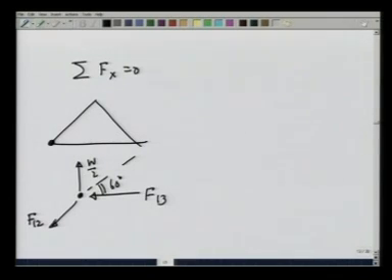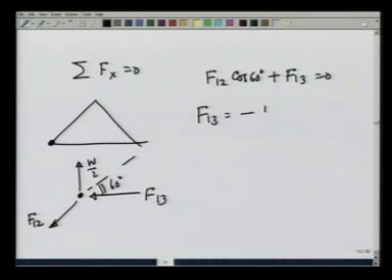I am going to have F 1 2 cosine of 60 degrees plus F 1 3 is equal to 0, or F 1 3 is equal to minus F 1 2 cosine of 60 degrees, which is nothing but minus F 1 2 over 2.